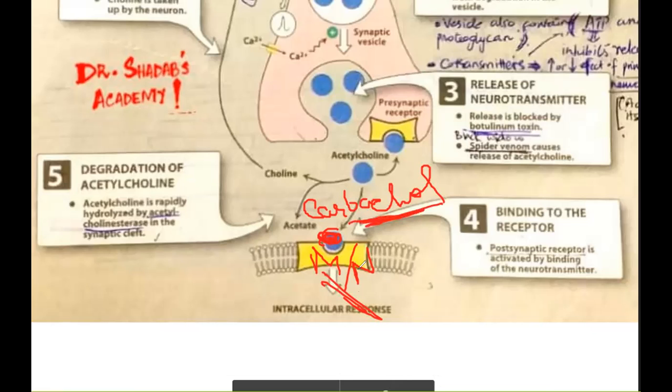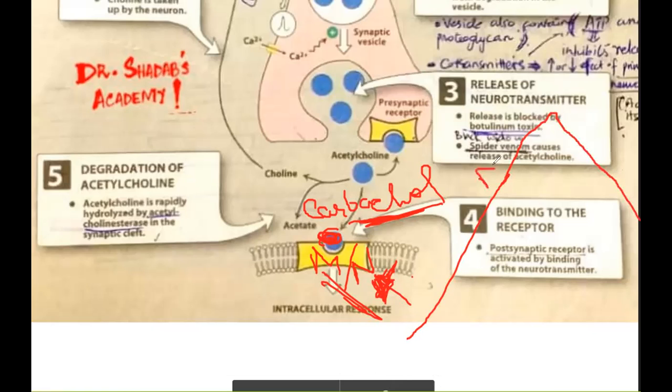Sometimes it shows its action on muscarinic and sometimes on nicotinic receptors. If it activates the nicotinic receptors, the depolarization is for a long time, and then there is a slow repolarization.